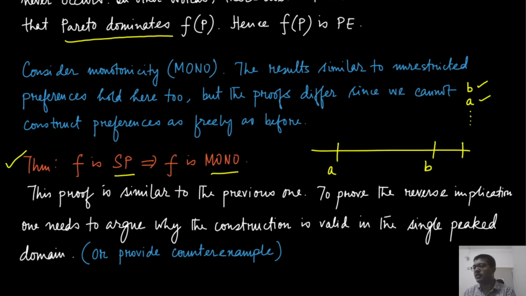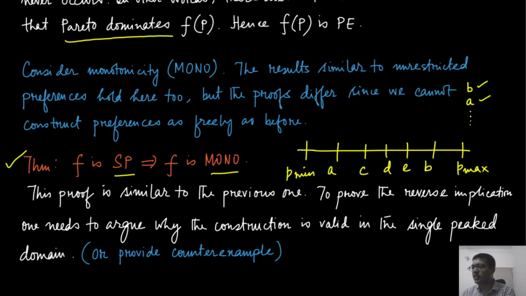So this is the P max, there is some P min, and there is A and B, but in between there are several other alternatives, let's say C, D, E and others.